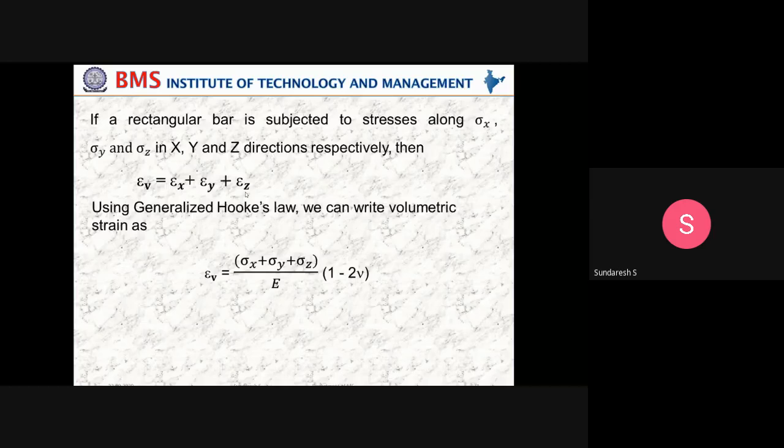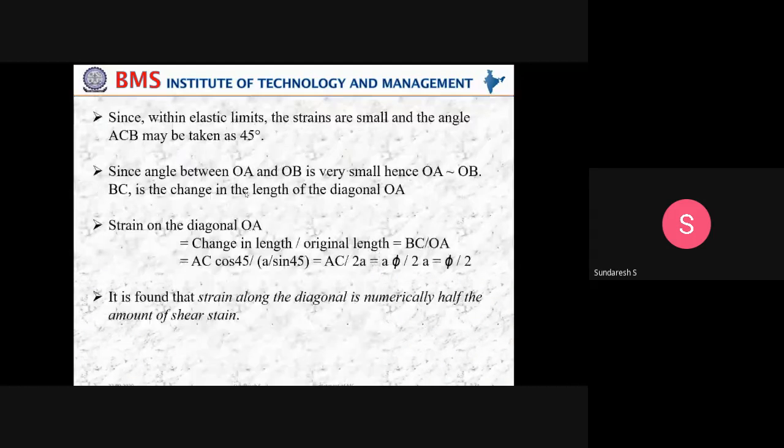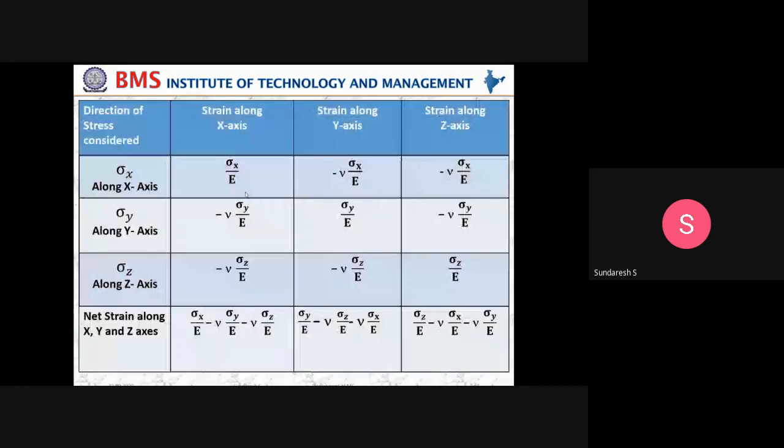By using generalized Hooke's law, we can write the net strain acting along the x, y, and z directions. I think in yesterday's class we prepared a table, and I gave the expressions for the net strains along x, y, as well as the z direction. Let me go back to that table from yesterday. Yes, this is the table I am talking about.